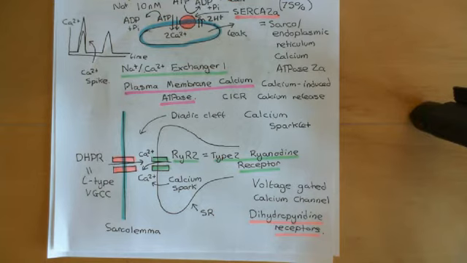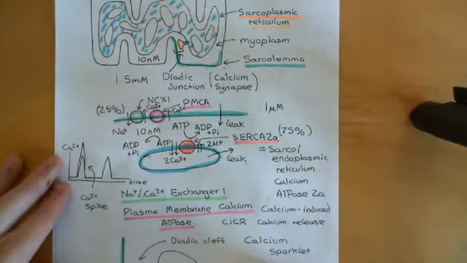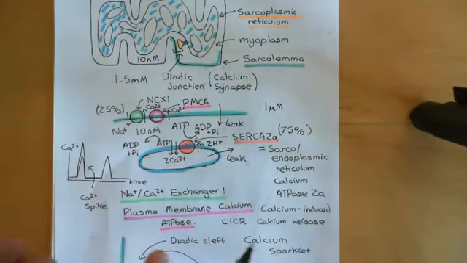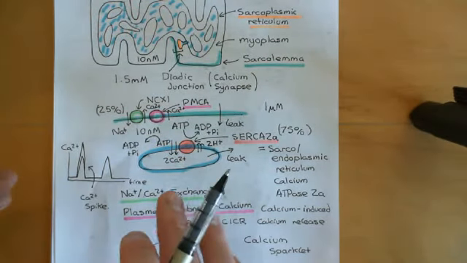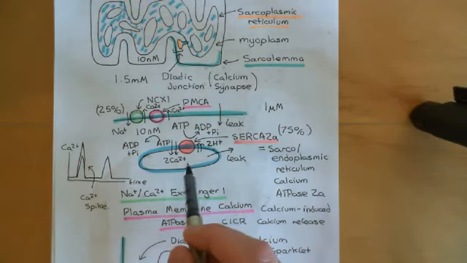Okay, now what remains is to remove the calcium from the cytoplasm, and it's the normal equilibrium mechanisms that are going to return you back down to an equilibrium. Okay, so SERCA2A on the membrane of the sarcoplasmic reticulum is then going to return calcium into the sarcoplasmic reticulum lumen.